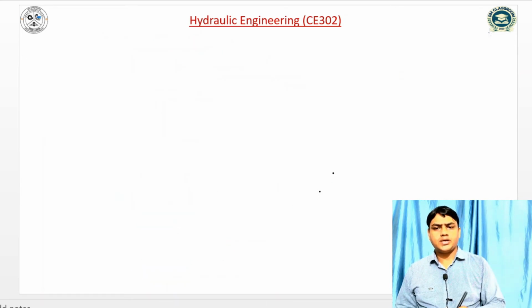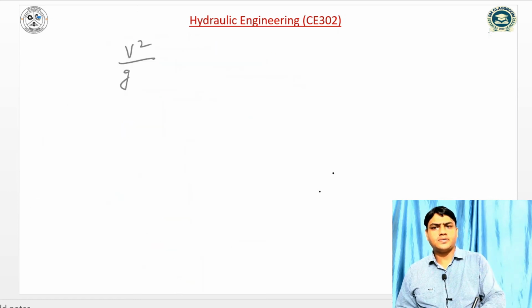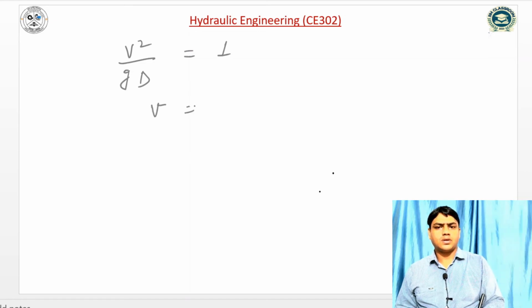Or V square by g, and this A by T is the hydraulic depth D, so we can write V square by gD is equal to unity, or V is equal to square root of gD, or V by square root of gD is equal to 1.